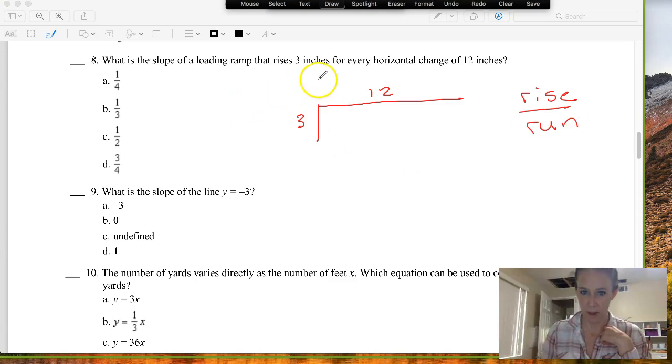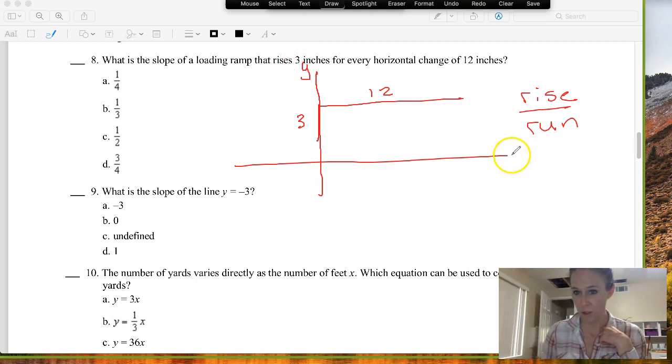And if you're looking on an axis, if we made this be an XY axis, okay, if this is your Y axis and this is your X axis, remember, change in Y, you rise 3. Change in X, you run 12. You go up on the Y, over on the X. So it's a change in y over a change in x. Rise over run. So it would be 3 over 12.